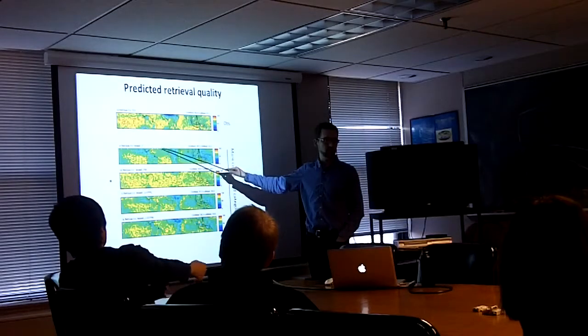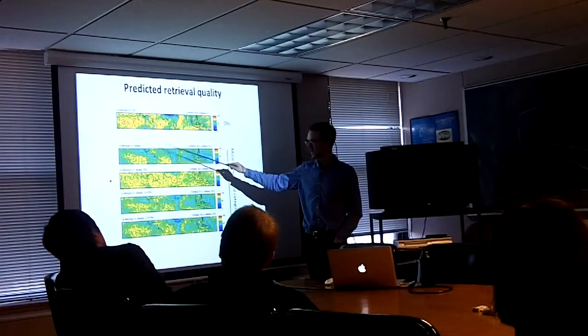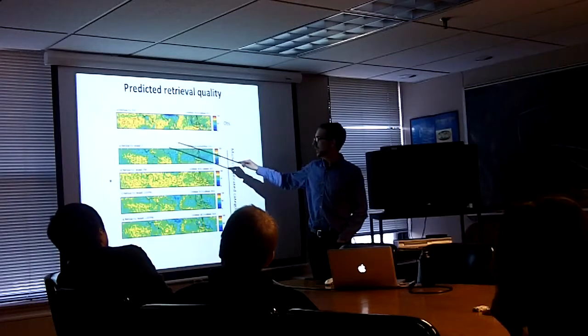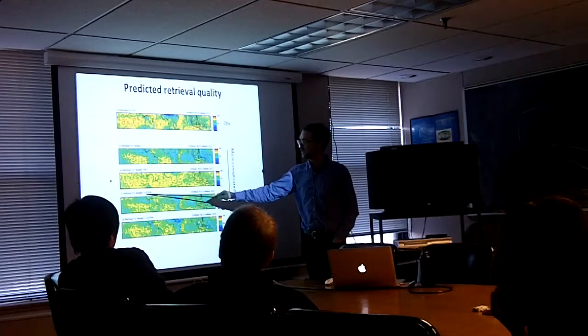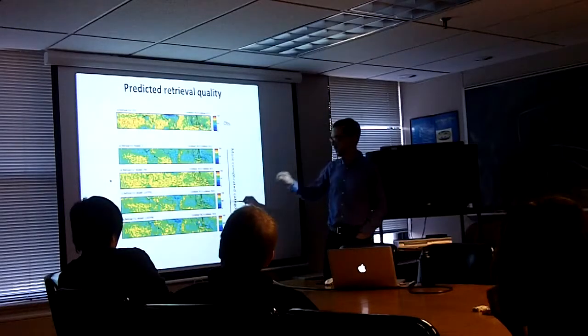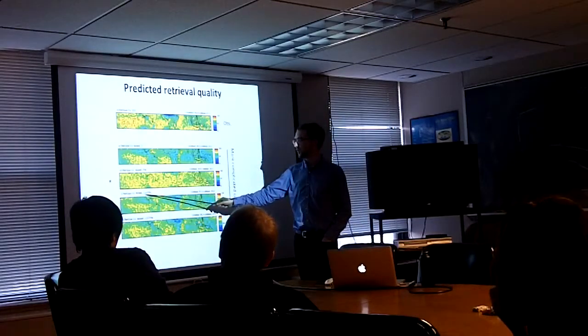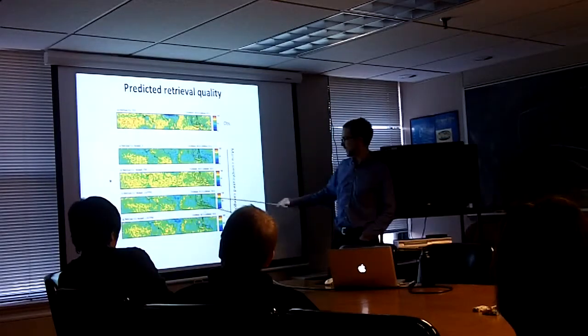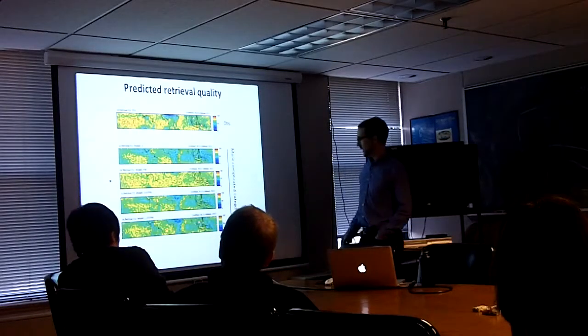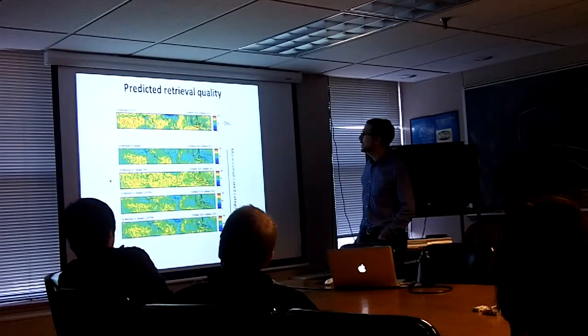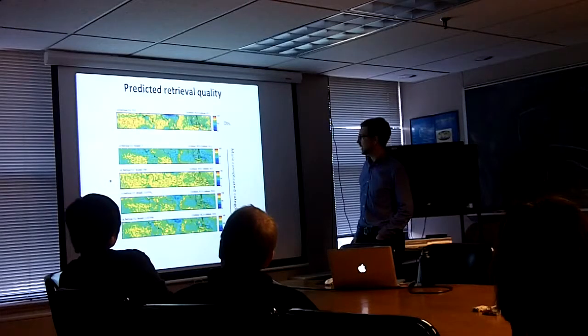This is clouds only, so using cloud optical depth and the cloud top pressure. This is precipitable water only. I also tried a minimal categorization using the variables that were most important: land-ocean separation, cloud optical depth, temperature, surface temperature and free tropospheric moisture. And then this is the full set with everything.